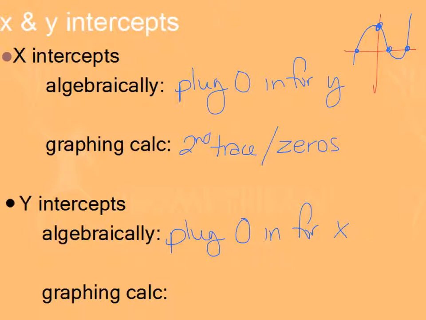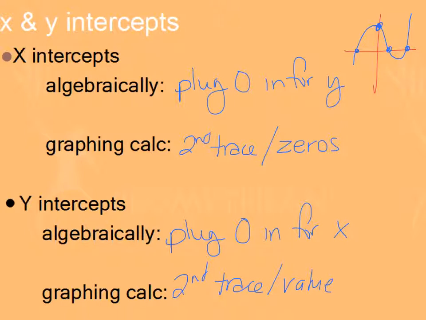The y-intercepts on the graphing calculator doesn't really have a specific place to find the y-intercept, but since you're going to plug 0 in for x, one of the places that you could go is, again, second trace, but this time you're going to go to value.